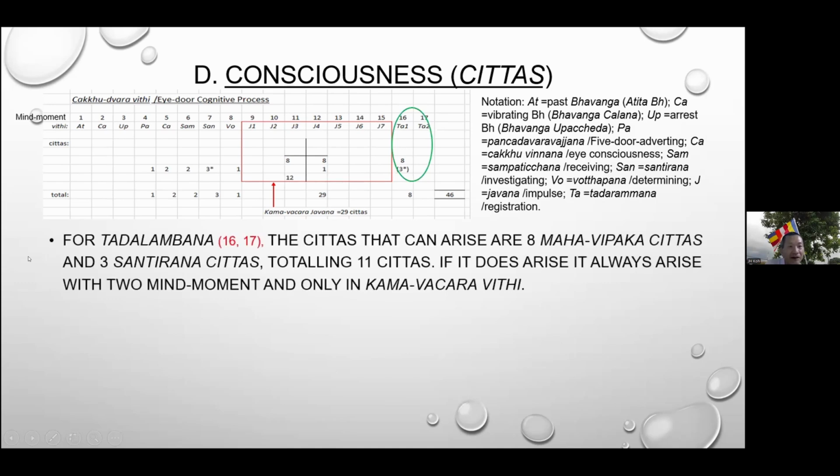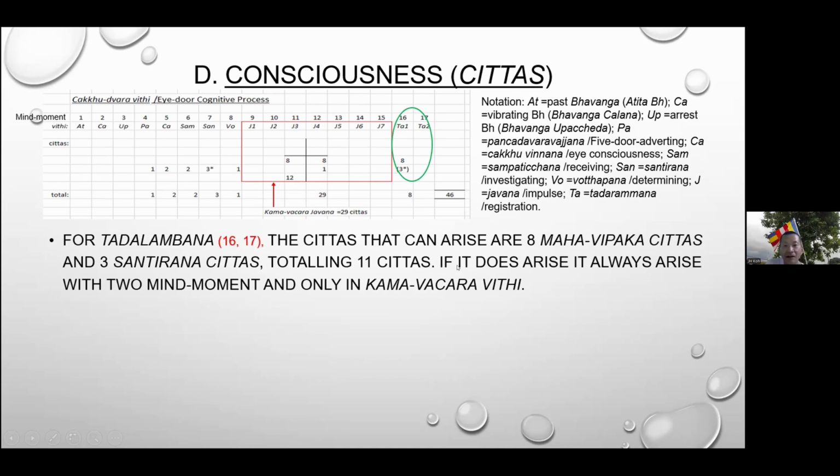Next, we go to the tada labana or tada ramana. That is the registration consciousness. The cittas that can arise in tada ramana are these 8 mahavipaka cittas, or the 3 santirana. That means these 3 santiranas can also arise as registration consciousness. So in total, there are 11, but because the 3 have been counted earlier, it's recorded here as 8.